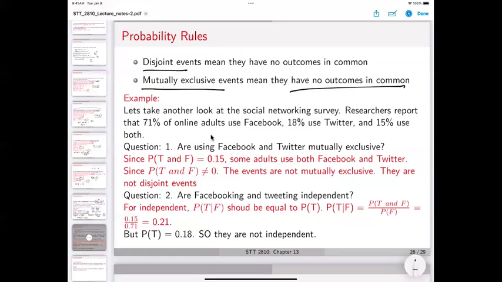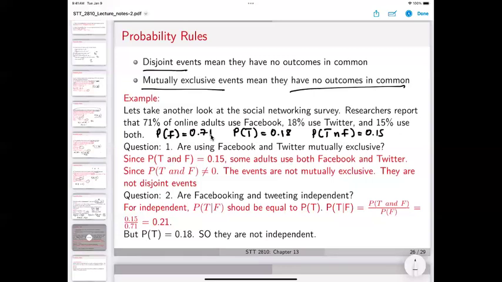So based on this information, I know that P of F is equal to 0.71. I also know that P of T is equal to 0.18. And then P of T and F is equal to 0.15. Does that make sense? So F is for Facebook and T is for Twitter.